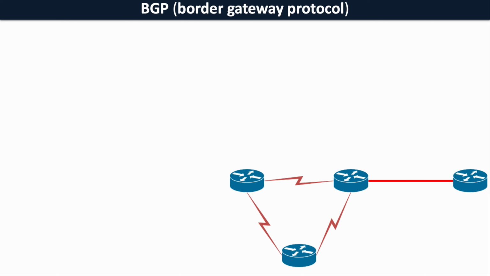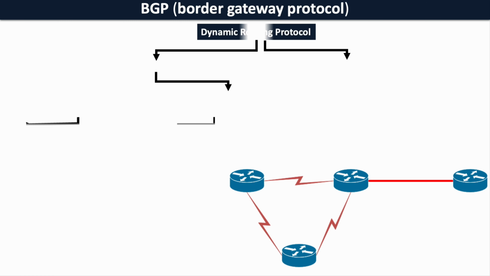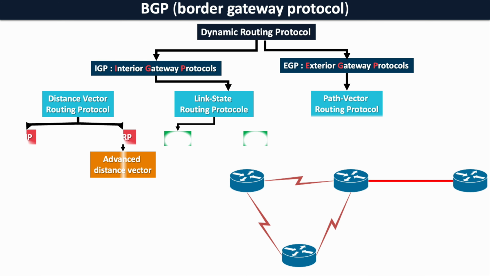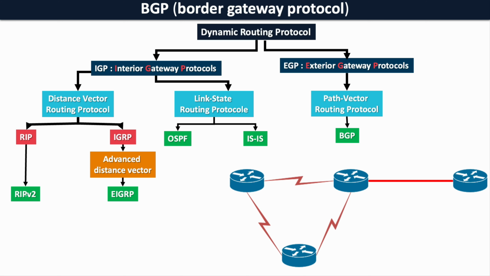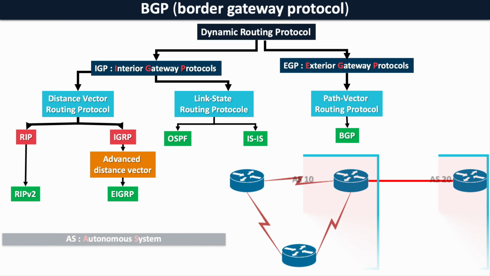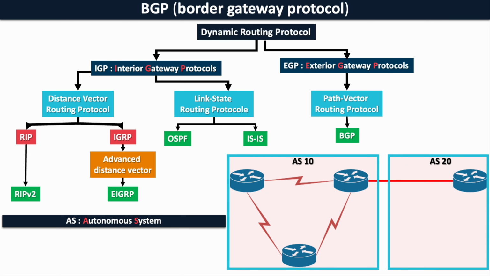We're going to end the course with the external routing protocol, which is BGP, Border Gateway Protocol. It is a route exchange protocol that is used mainly on the Internet. Its purpose is to exchange routing information between autonomous systems. Unlike internal routing protocols, BGP does not use metrics.